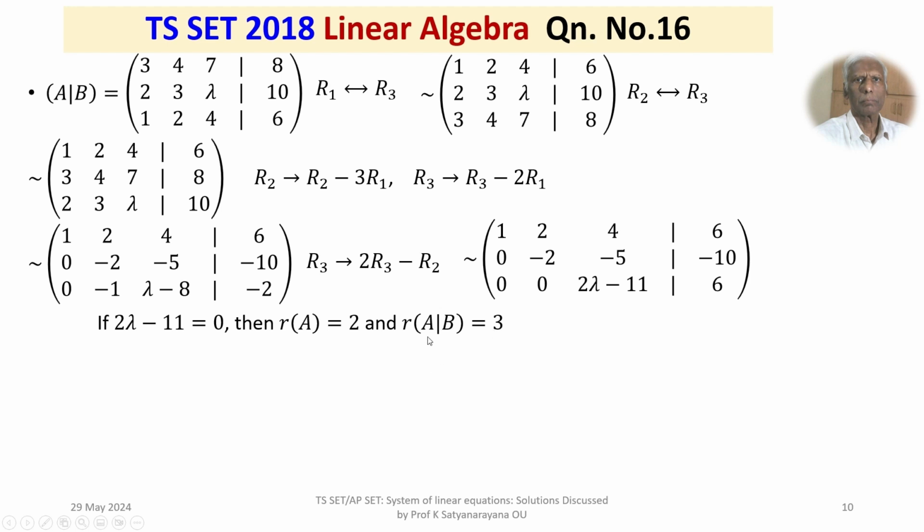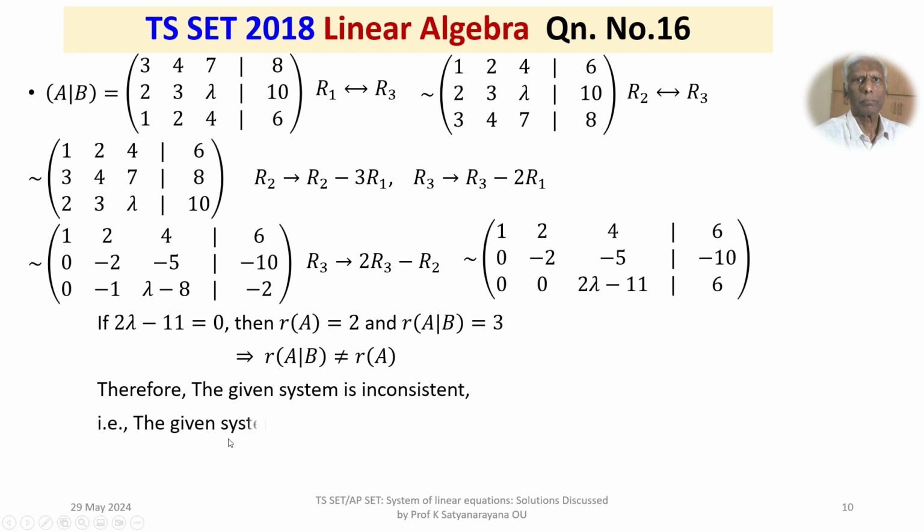So the rank of the augmented matrix is not equal to the rank of the coefficient matrix. Therefore, the given system is inconsistent and it has no solution. That is, the system has no solution if 2 lambda minus 11 is equal to 0, that is, 2 lambda is equal to 11.